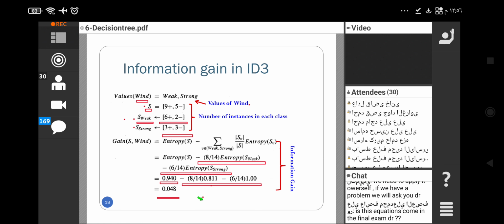So we talked about how we calculate this information gain, and then the feature which has the highest information gain, that is selected for the tree, and we put it in a node in the tree.